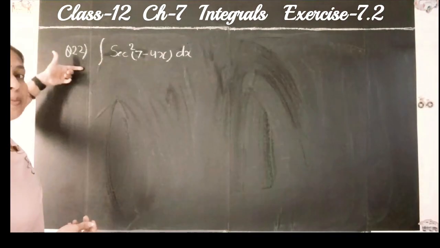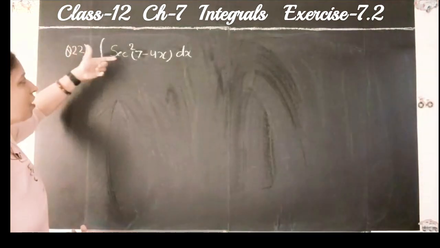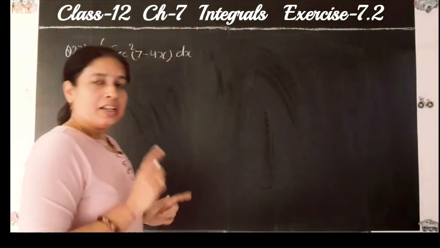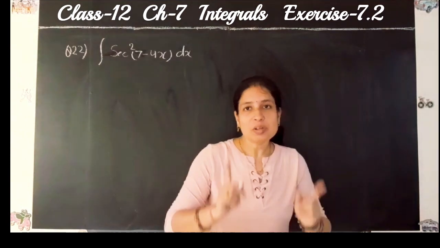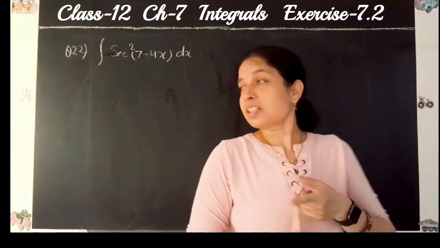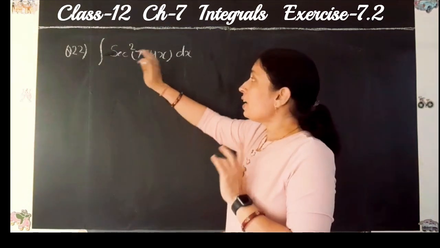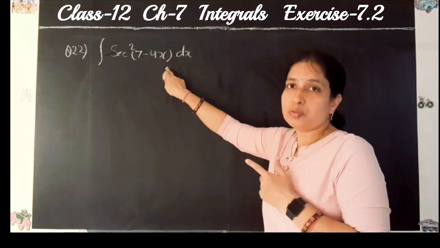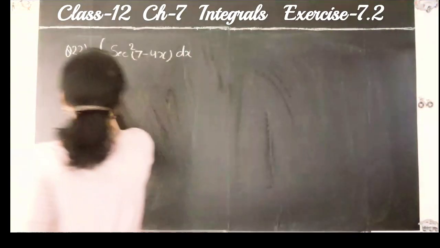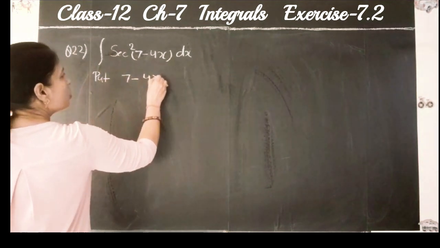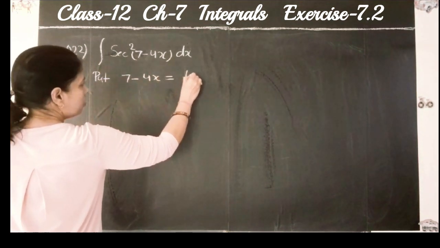Next one is question number 22. It is integral of sec square 7 minus 4x dx. sec स्क्वायर x के इंटीग्रल का फार्मूला हमें पता है. sec स्क्वायर x का जब इंटीग्रल करते हैं तो क्या आता है, tan x आता है. बट sec स्क्वायर x में x की जगह यहाँ पे क्या दिया हुआ है, 7 minus 4x. So let us put 7 minus 4x is equal to t.